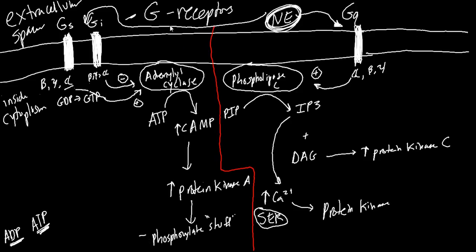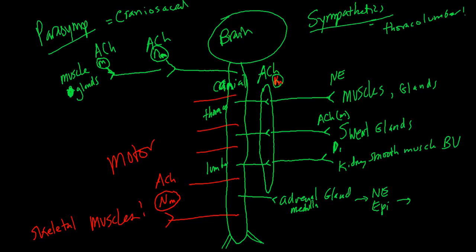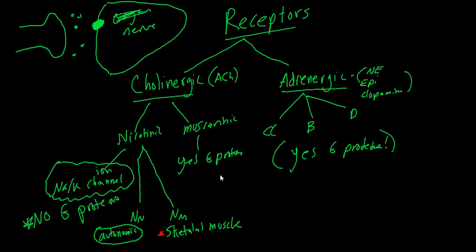Okay, so there are going to be different types of receptors. You're going to have muscarinic. Remember, I said you have muscarinic receptors. You're going to have adrenergic. I'm just going to go back really quick, because of G receptors. Remember, G receptors were found in a lot of places. G receptors were found in the muscarinic cholinergic receptors.